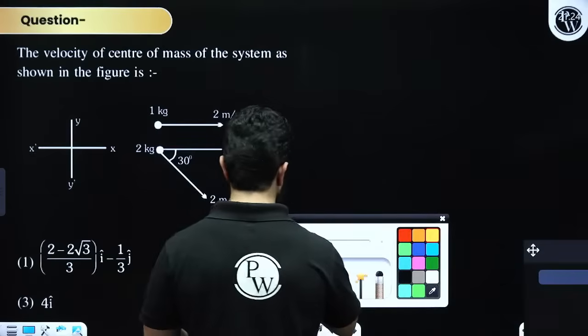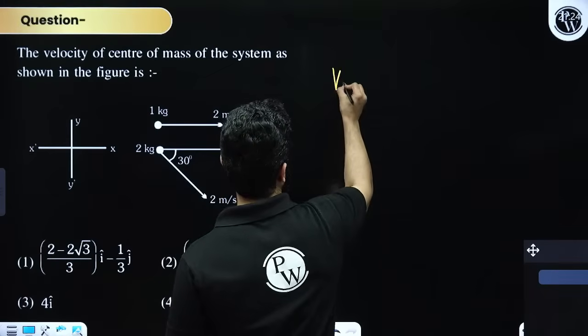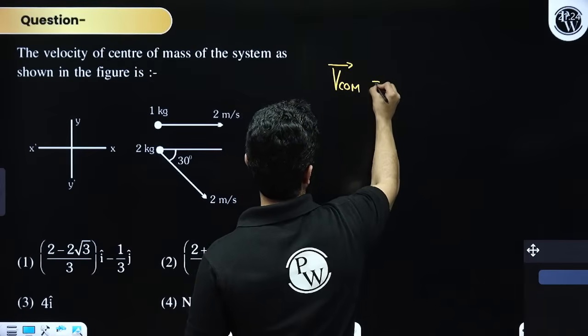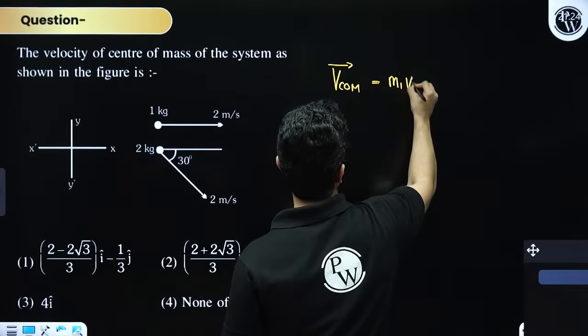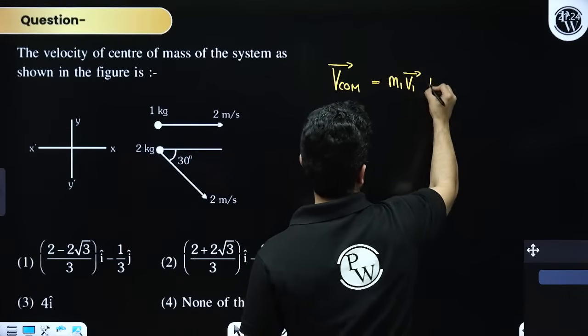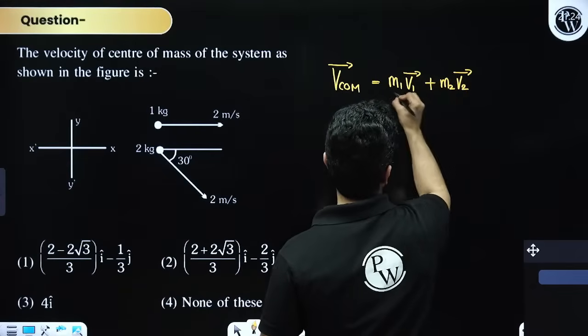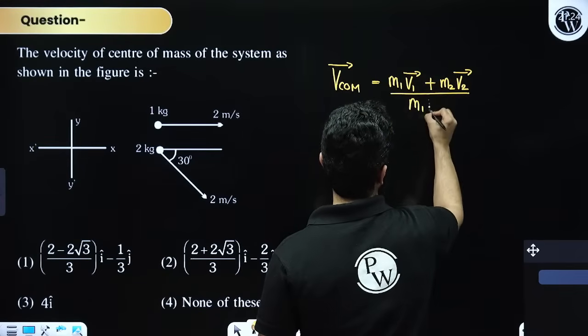We are going to use the concept of velocity of center of mass, and that will be m1 into v1 plus m2 into v2 whole divided by m1 plus m2.